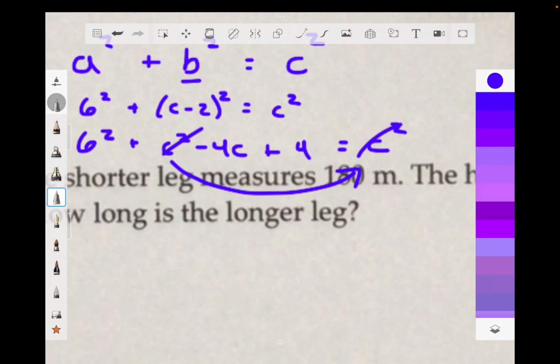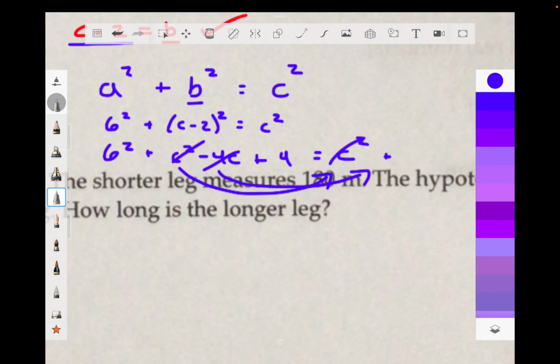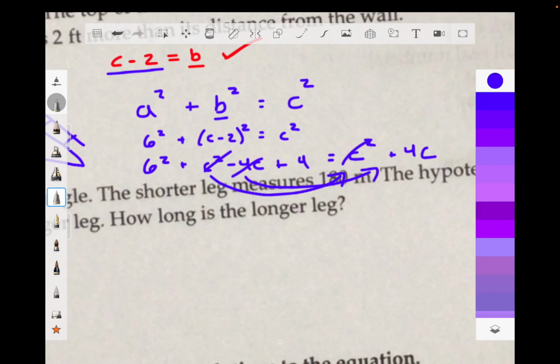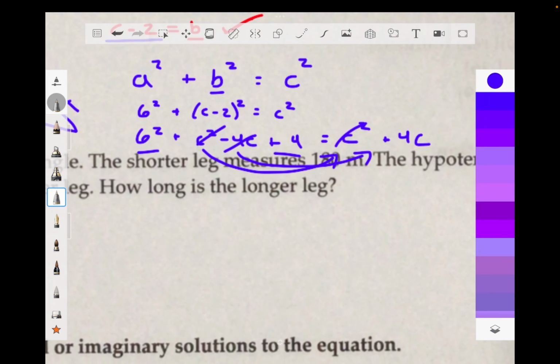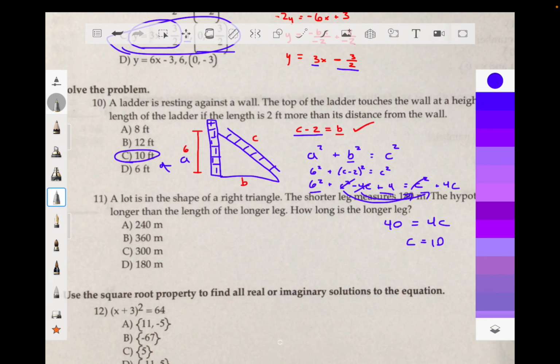This cancels out. This cancels out. Add 4c to both sides. This cancels out. This becomes plus 4c. And then 6 squared plus 4 is 40. So 40 equals 4c. That means c equals 10, which is what we got right here.